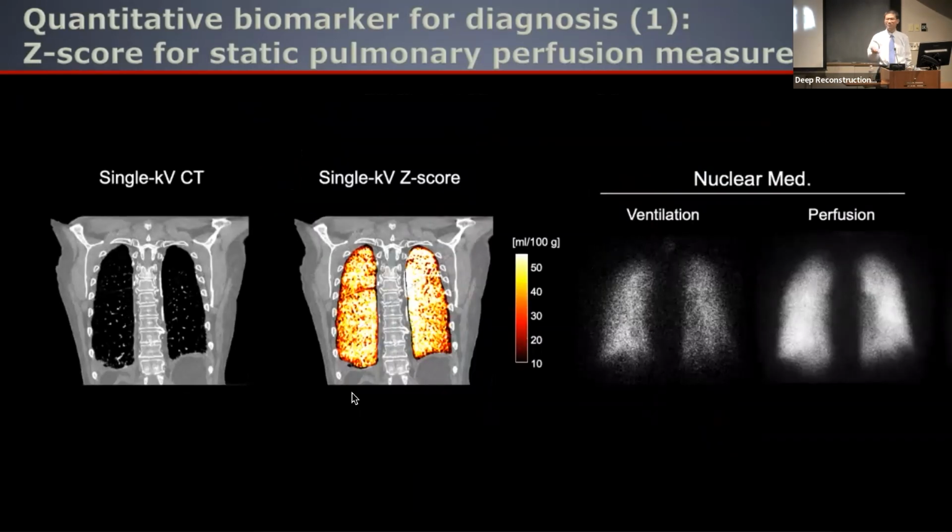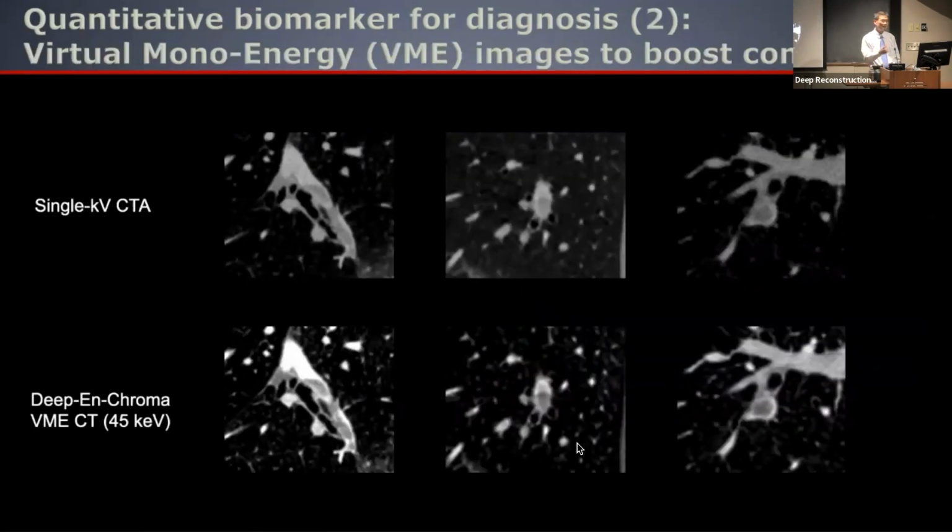A good method should not just be sensitive to pick up something. And for a healthy case, you should be able to say, okay, it is specific, there are no perfusion defects. This is another case where we do not see any perfusion defects, and nuclear medicine indeed confirmed there are no perfusion defects. So that means this score is a good thing, and can also go through many other cases.